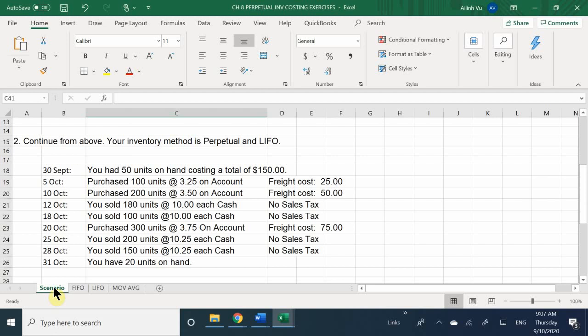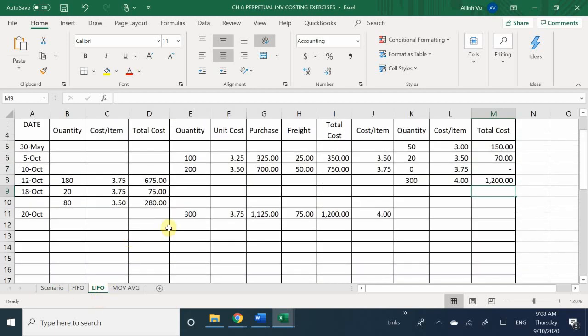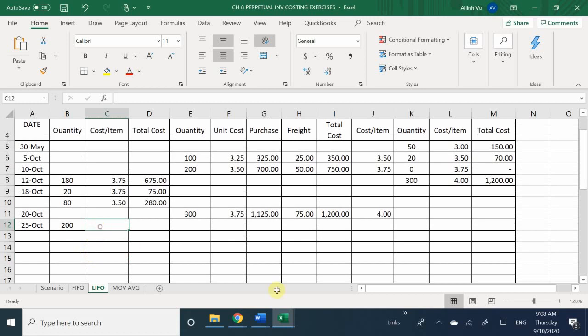Now let's look at what happened on October 25th. You said 200 units. We sold 200 units. October 25th, we sold 200 units. All right. At what price did we sell each item? We sold them at $4, right? Sorry guys, I might be making you dizzy.